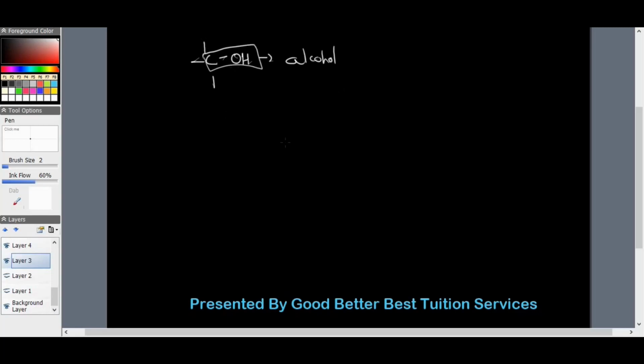So if I'm undergoing hydrolysis, the bromine in 2-bromobutane is going to come out, and the OH is definitely going to replace it.